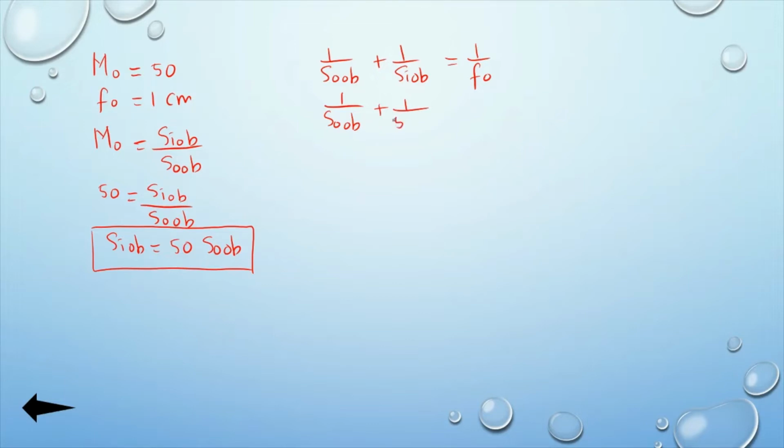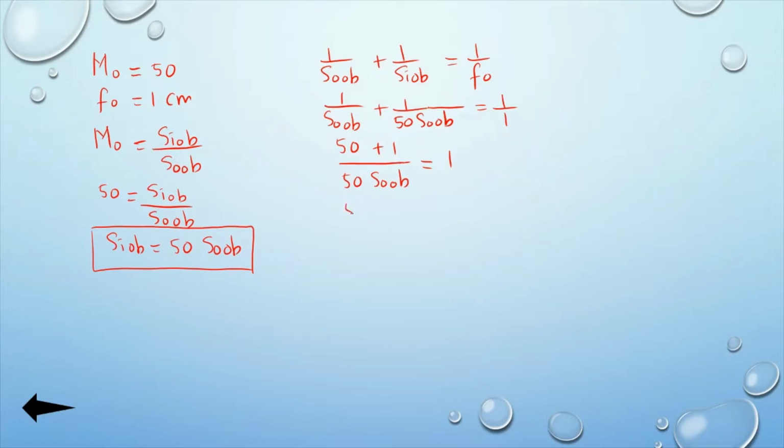So this is 50 SOOB equals 1 over 1. The FO is 1 cm. The equation becomes 50 plus 1 over 50 SOOB equals 1. Now do the cross multiplication.